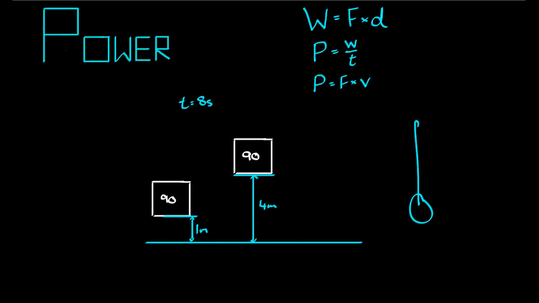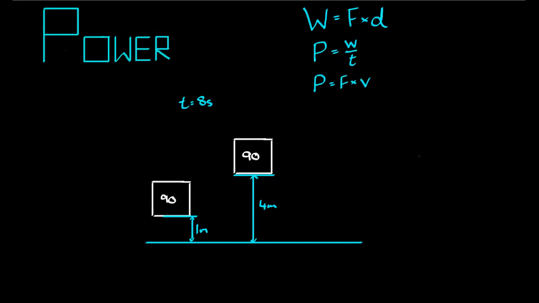Likewise, heavy weights have a lot more gravitational potential energy up here than light weights, so the work done must have been great, and if they did it quickly, that means the time was also small. So when heavy things get lifted up quickly, that's a lot of power, and when light things get lifted up slowly, that's little power.